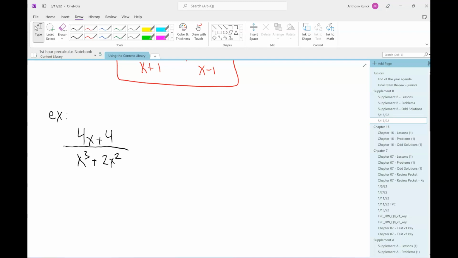First step. Uh-oh. Factor the denominator. How does this denominator factor? You can do like an x squared. Great. And that leaves me with x plus 2. Great.